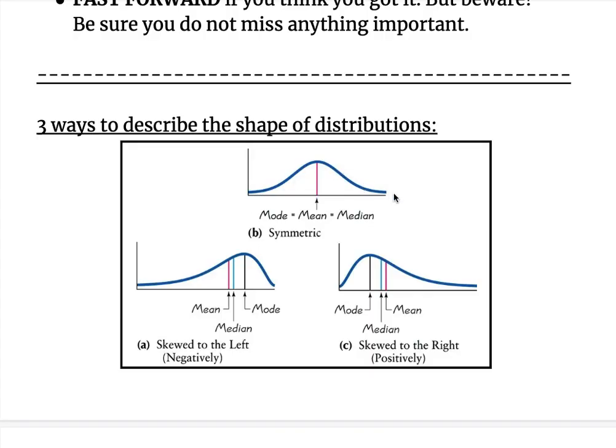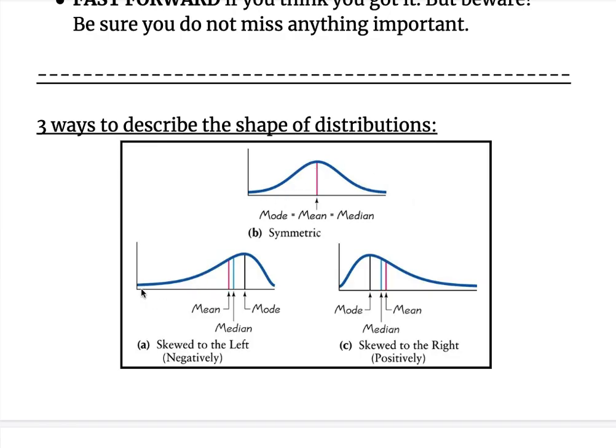Then the other way is skewed to the left, where everything's clustered to the right. And then the other is skewed to the right, where everything's clustered to the left. I know it kind of sounds backwards, but you're basically paying attention to what we call the tail when you're naming it. So for the symmetric, the tails are even, so it's symmetrical.